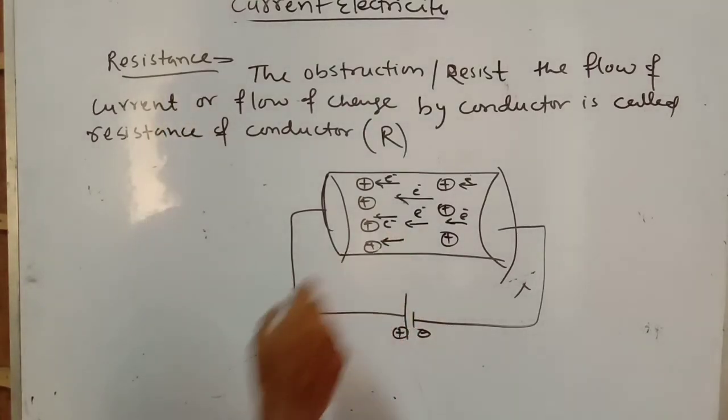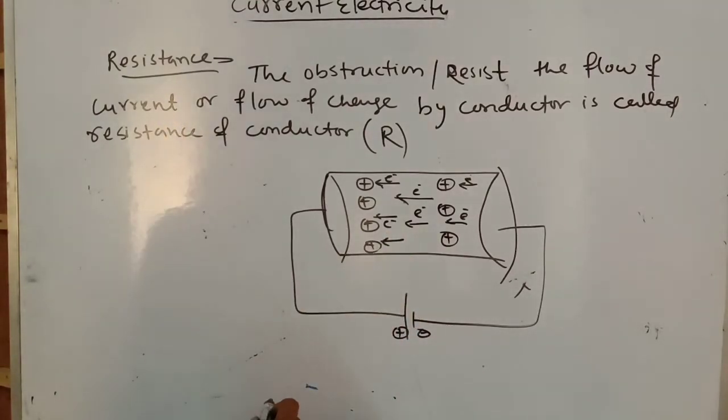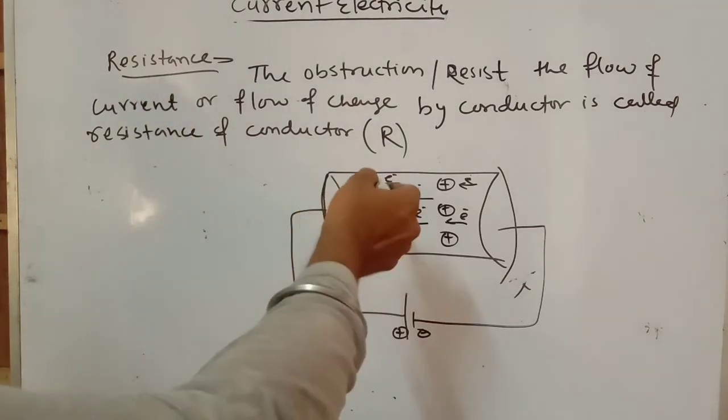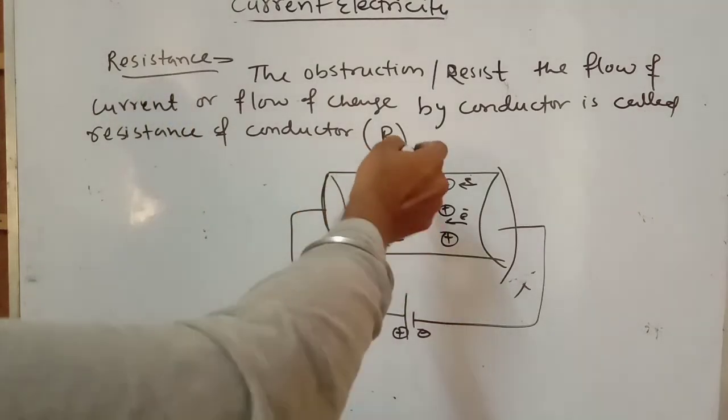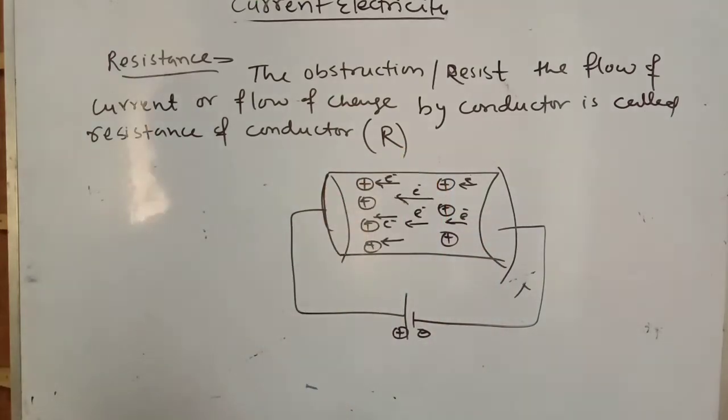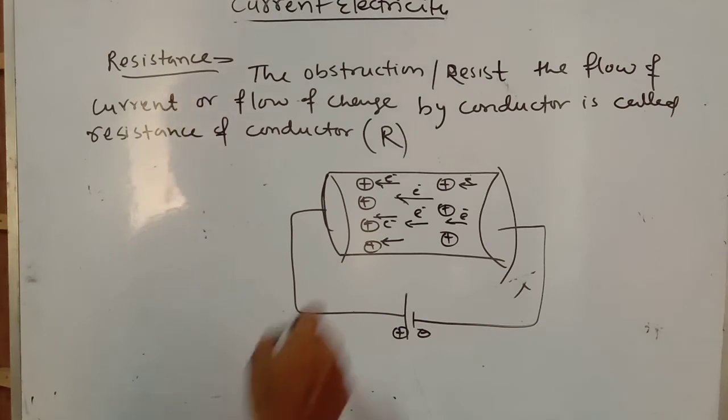This is the obstruction of the flow of electrons. Some impurity in the form of positive charge also resists the flow of electrons, so that is also called resistance.